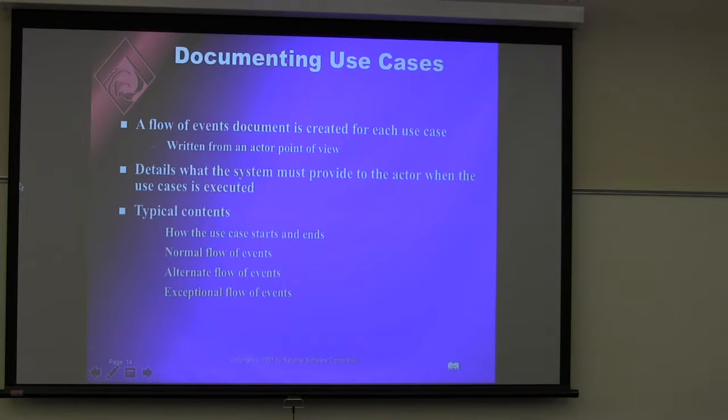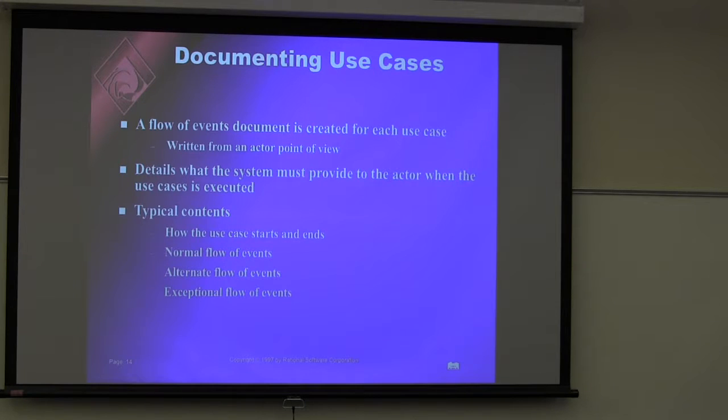So we need to document our use cases. Documentation would show the flow of events that's created for each use case, written from an actor's point of view. So if you're a student, the use case would tell you what you as a student would do or see. For instance, it said up front they need to enter a password, right? So you would enter a password.